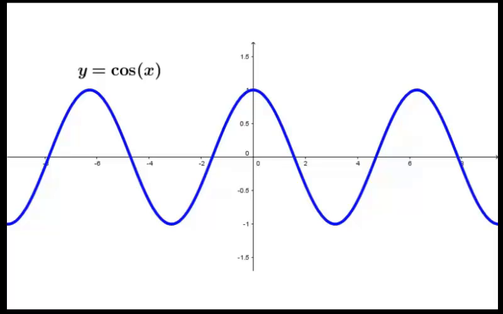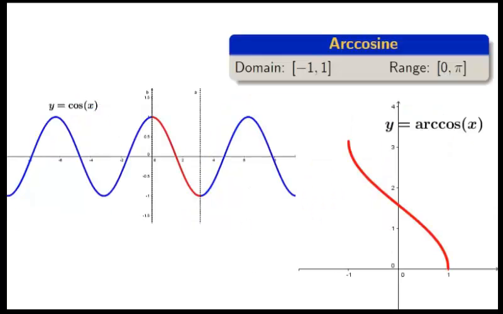For example, look at the graph of cosine. We choose the largest continuous piece, closest to 0, that will pass the horizontal line test, and restrict the domain to it. So arc cosine is defined on the interval -1 to 1 and has the range 0 to pi. It is continuous at all points except the endpoints.